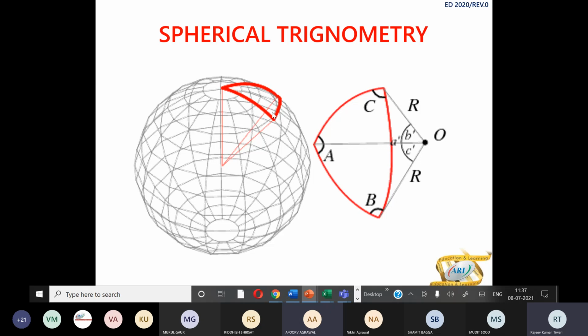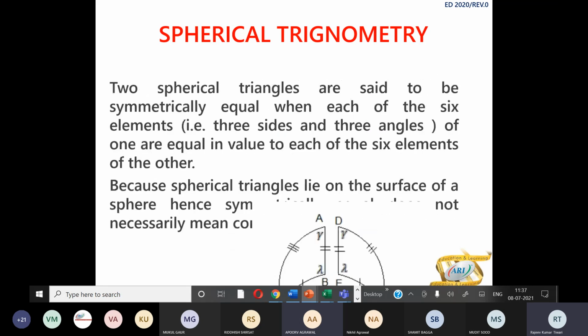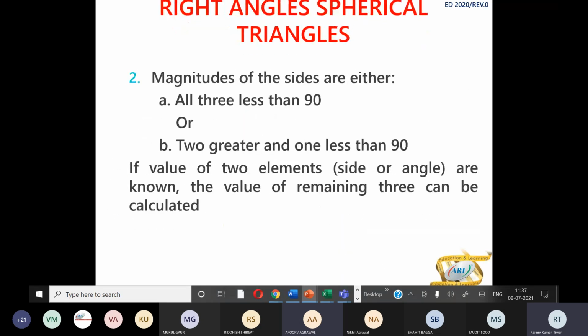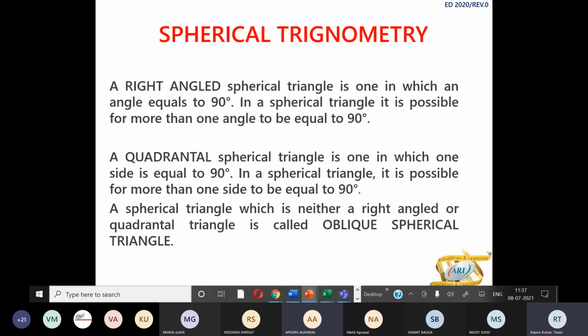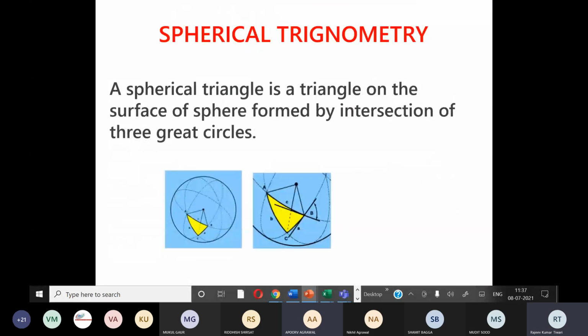How do we measure the angles? When you measure the angle, these are tangents drawn at the vertices along the great circle.